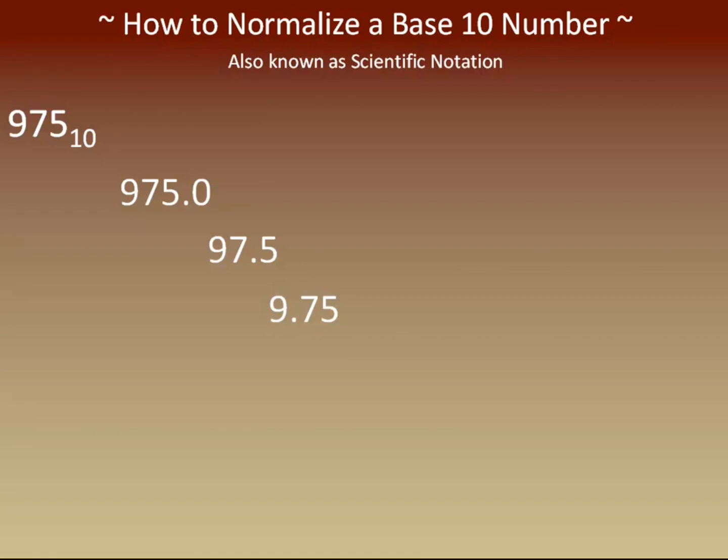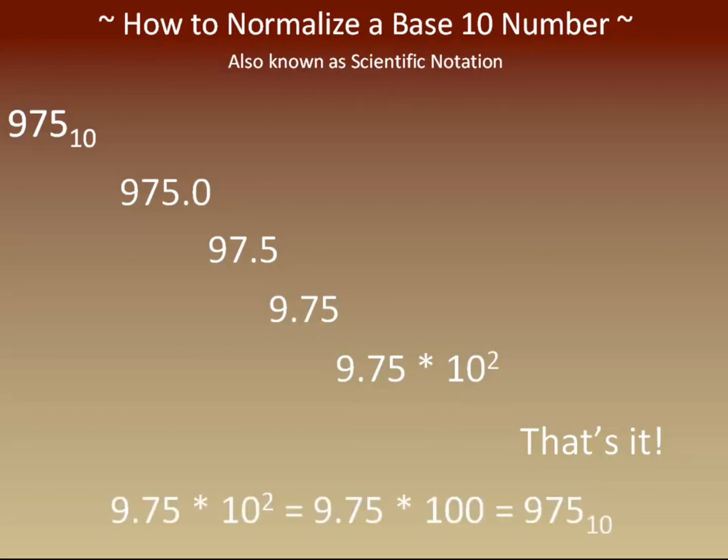Now, since we moved the decimal 2 places to the left, we must use 2 as our exponent for the multiplication of 10 to some power. So our normalized number or scientific notation for 975 is 9.75 times 10 to the second power. If you put that into your calculator and multiply it, you'll see that 9.75 times 100 equals 975.